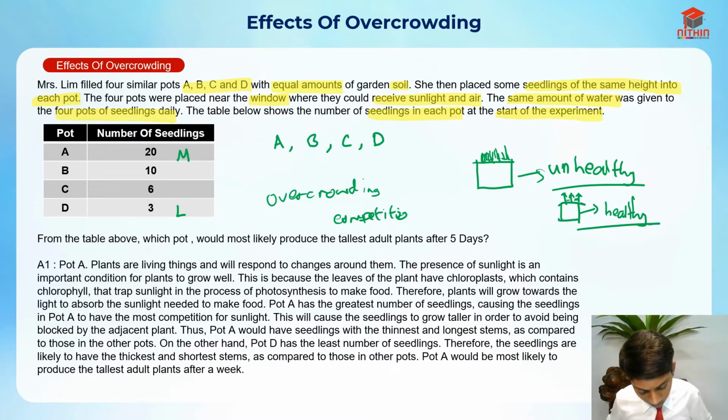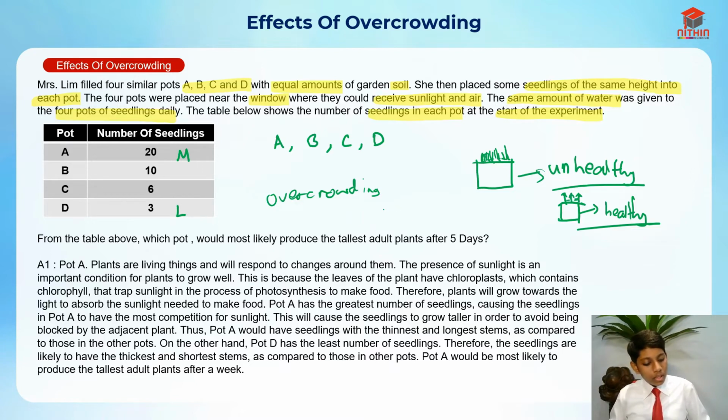Now let's take a look at the actual question. So let's read the question. From the table above, which pot was most likely to produce the tallest adult plants after 5 days? Okay, remember what I said about overcrowding?